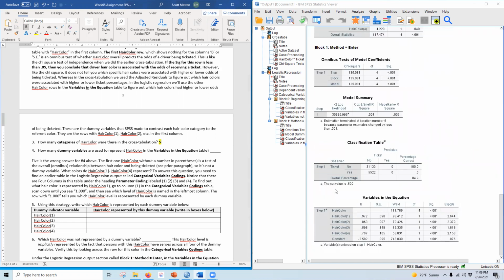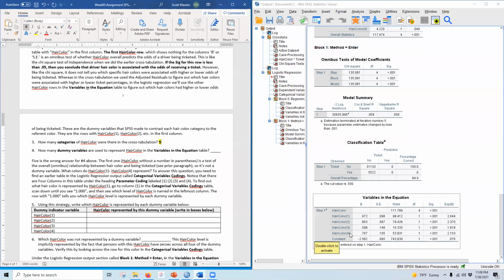I don't know. Let's look. Okay, hair color. This one right here is not a dummy. This is that omnibus test, right? So do not count this one. This tells you overall, does hair color predict your odds getting a ticket? Sure as hell does. But anyway, these are your dummies, 1, 2, 3, and 4. They represent the different hair colors, okay?